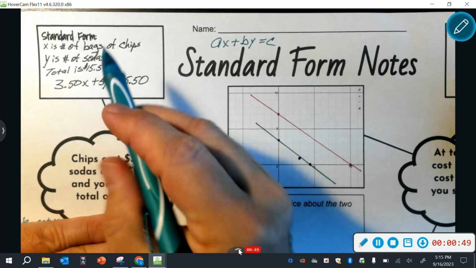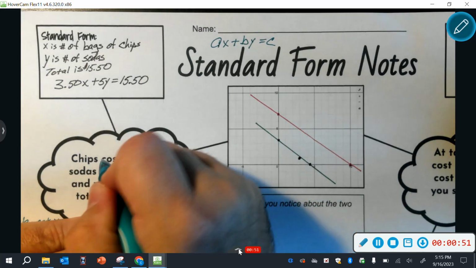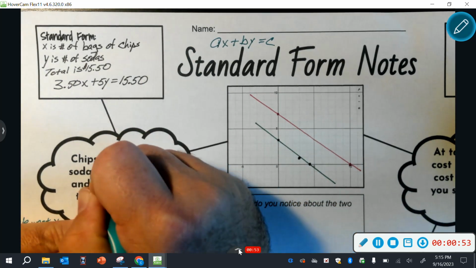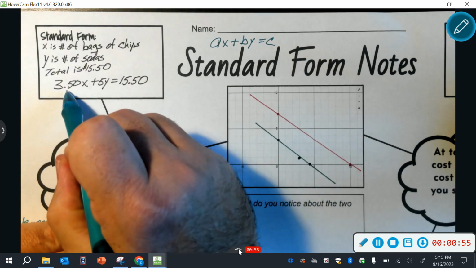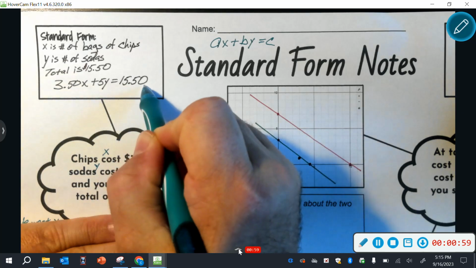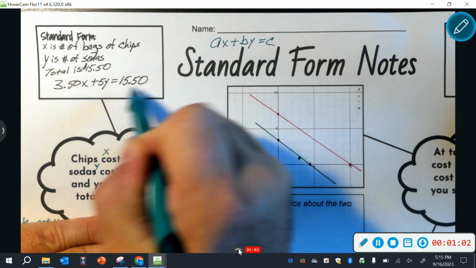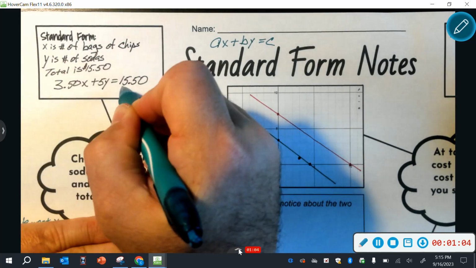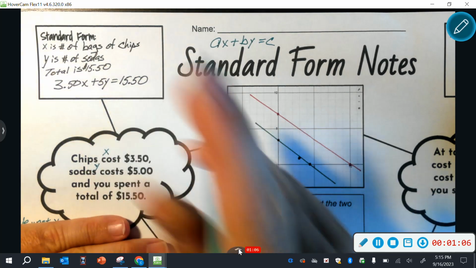So to get that into standard form, since chips is X, sodas are Y, then that's going to be $3.50 times X plus 5Y is equal to $15.50. So here is your equation in standard form.